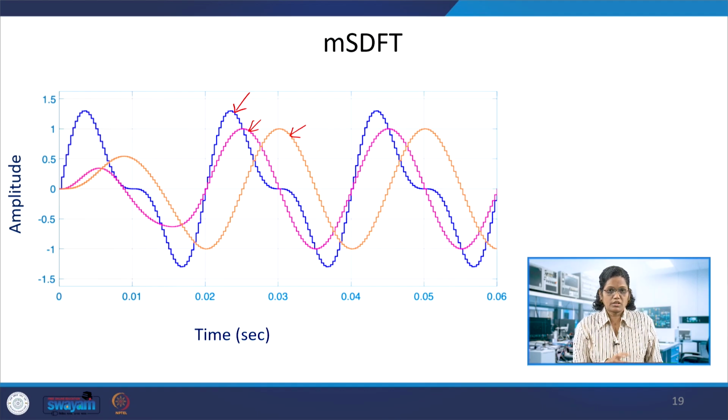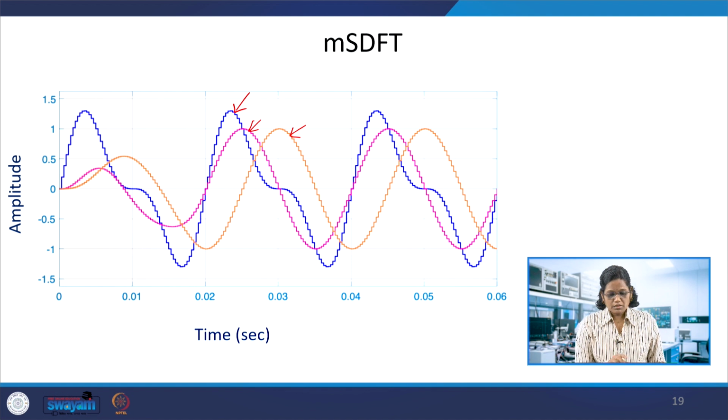Looking at the SDFT as a tuned filter, it can extract the fundamental or second harmonic present in the signal by removing the harmonics and the noise as well. We can very well consider that a tuned filter.